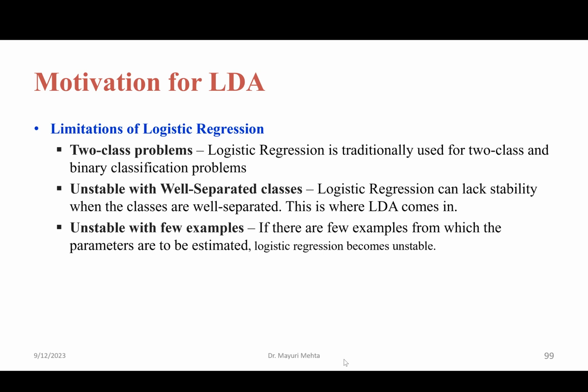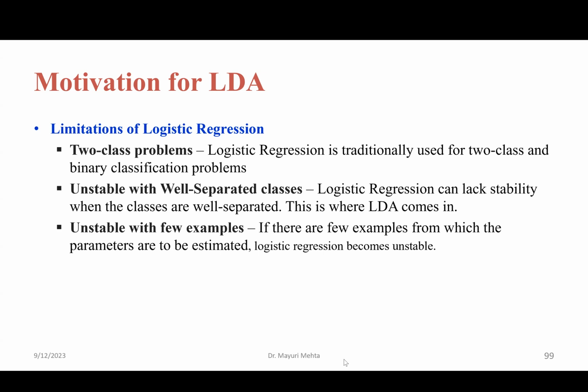Some of the limitations of logistic regression are these: two-class problem. Logistic regression is traditionally used for two-class and binary classification problems. Though logistic regression can be extrapolated and used in multi-class classification, this is rarely performed, though it can be extended.